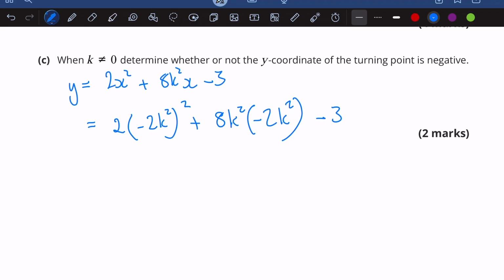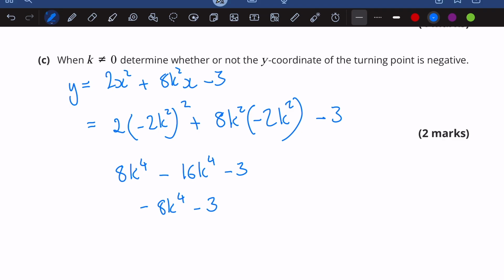Well, let's have a look. This one is going to be 8k to the 4, plus, minus 16k to the 4, minus 3, which simplifies tremendously to minus 8k to the 4 minus 3.